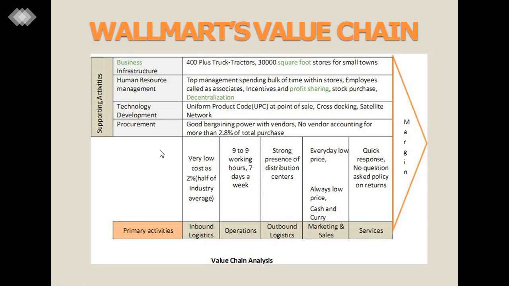On both supportive and primary activities, they give a margin, which is related to value chain analysis. They can analyze what the value chain is and how effective it is for their supportive and primary activities.